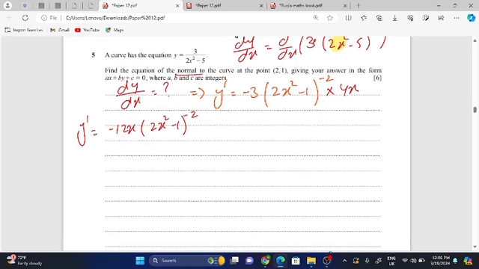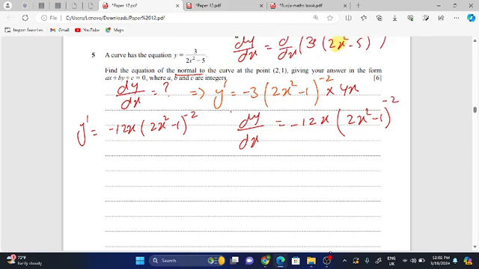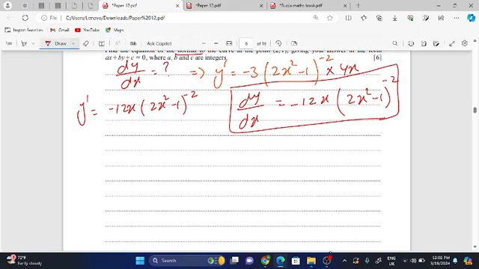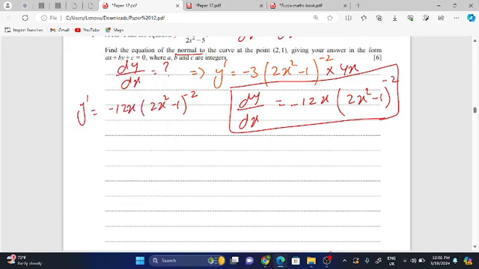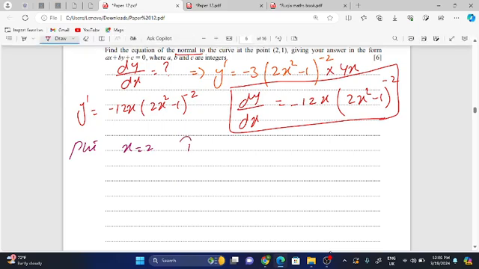So you write dy by dx equals minus 12x times (2x squared minus 5) to the power of minus 2. That is the first derivative you calculated so far. I have to check that derivative at the point x equals 2, so put x equals 2 into equation number 1.